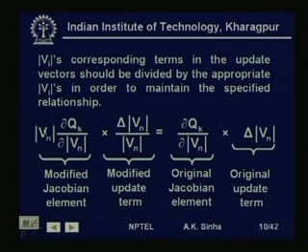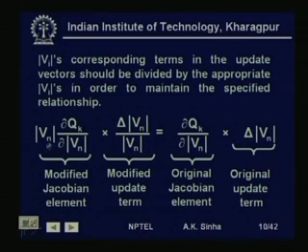That is, what we have done is multiply ∂Qk/∂Vn by Vn. So what we are doing is dividing the ΔVn term by Vn. Then what we will get is ∂Qk/∂Vn times ΔVn, which is the same term as in the original matrix.